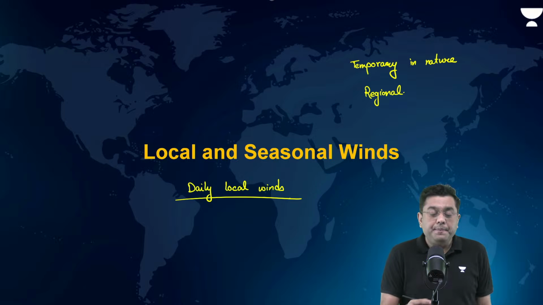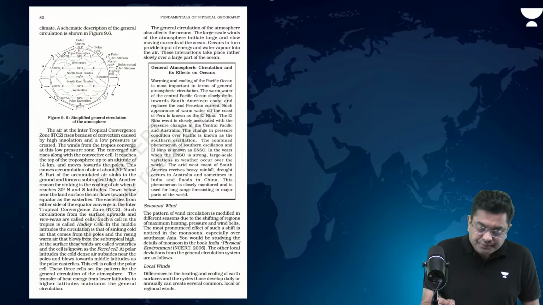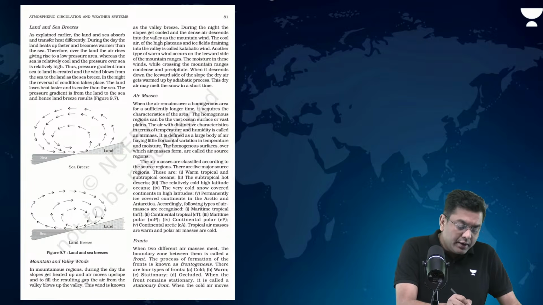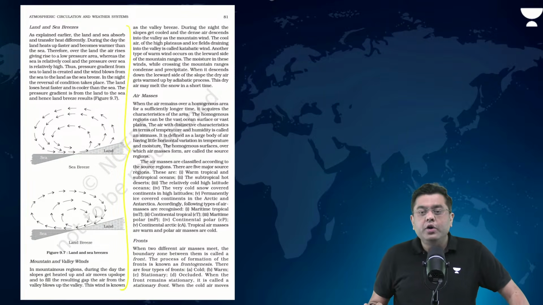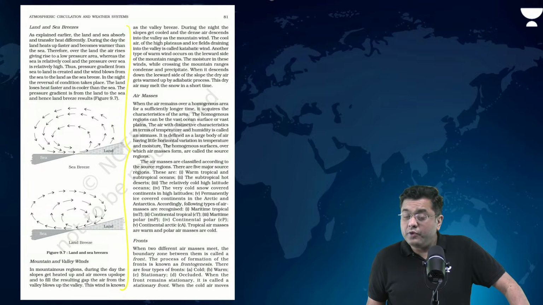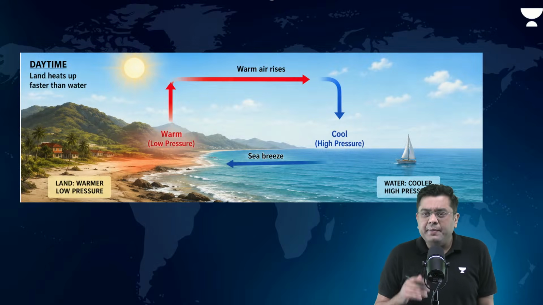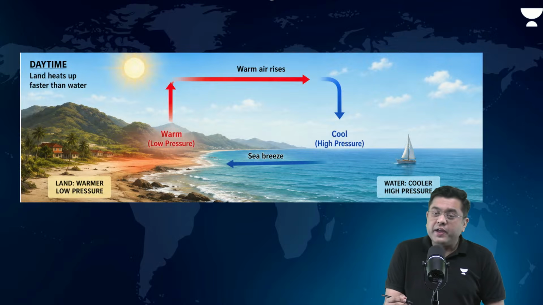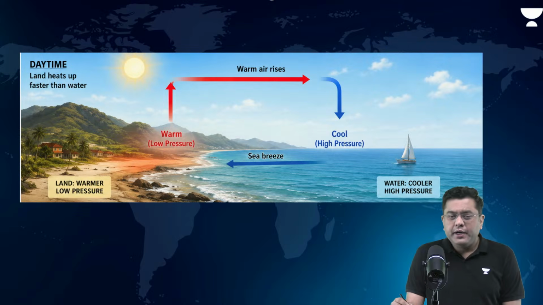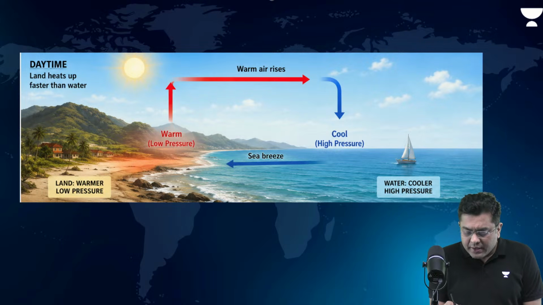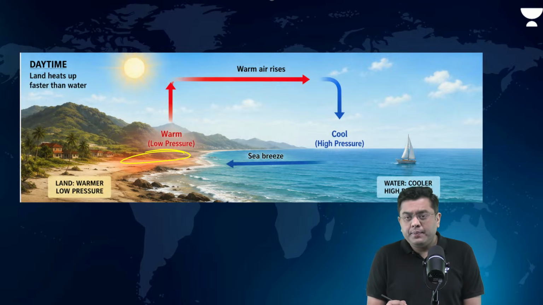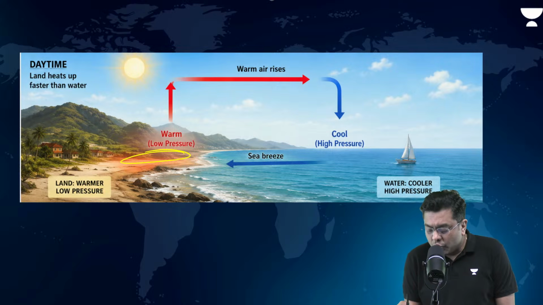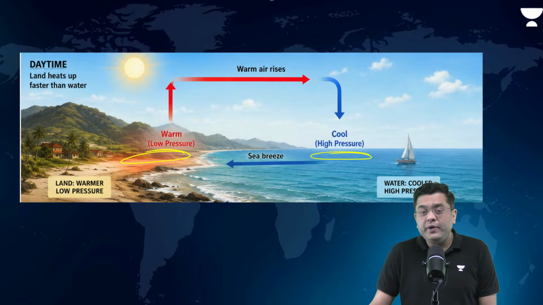For example, this is how NCERT has explained the entirety of these local winds. Okay, let's have a better understanding. When you consider the daytime, during the daytime the land area gets heated up much more. Water is comparatively colder. Water takes more time to heat.